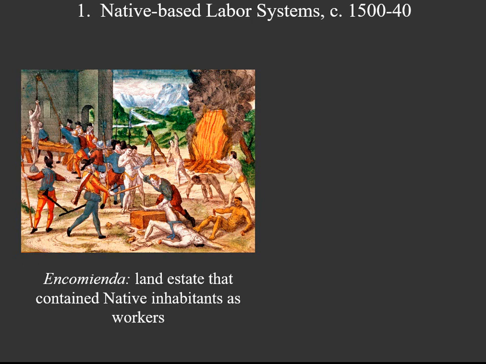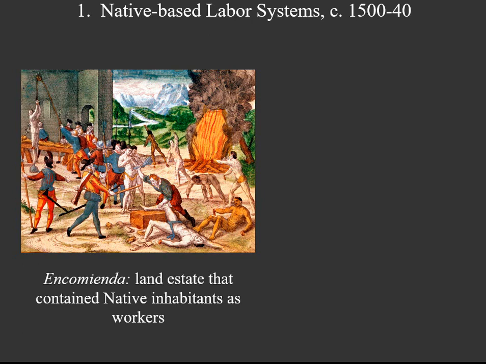The original conquistadors tended to own most of the early encomiendas and therefore tried to set themselves up as this colonial elite. So most of the early encomiendas went to the military men that helped conquer and destroy the Aztec Empire.